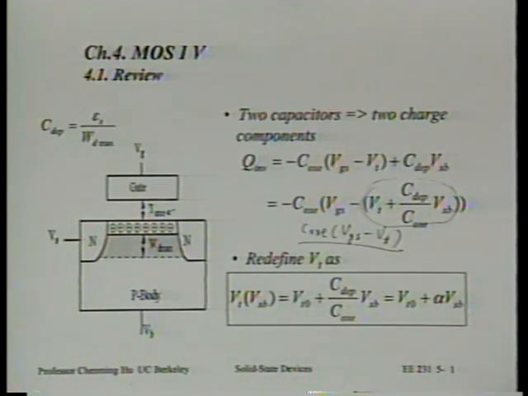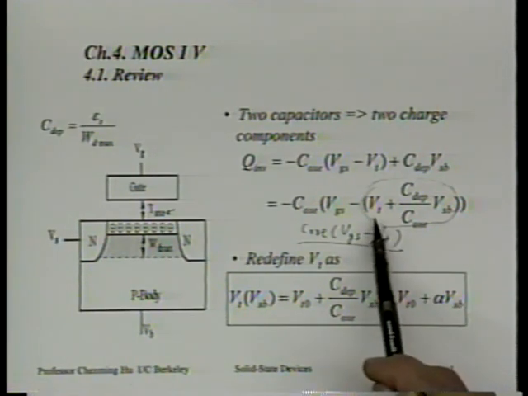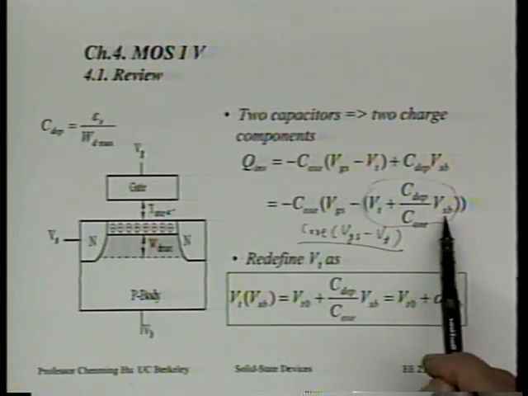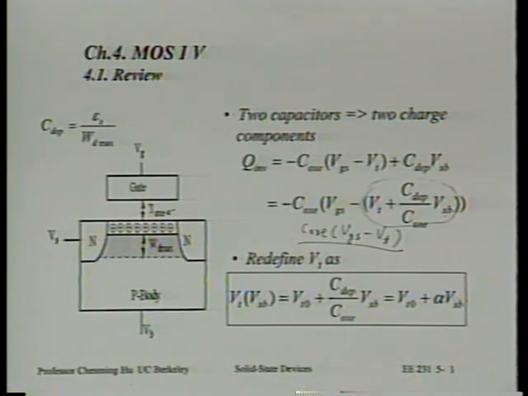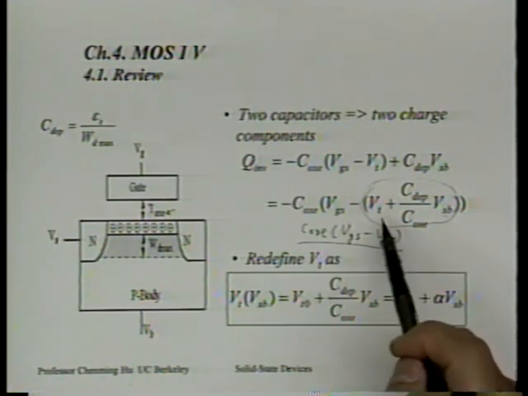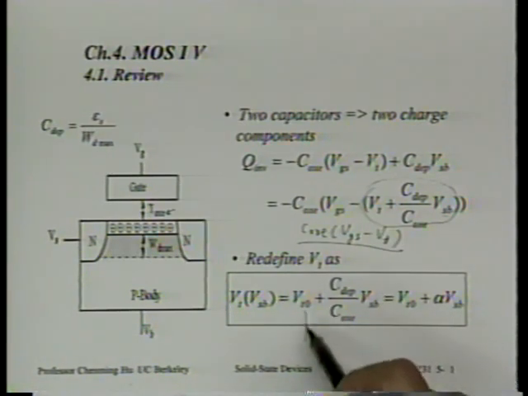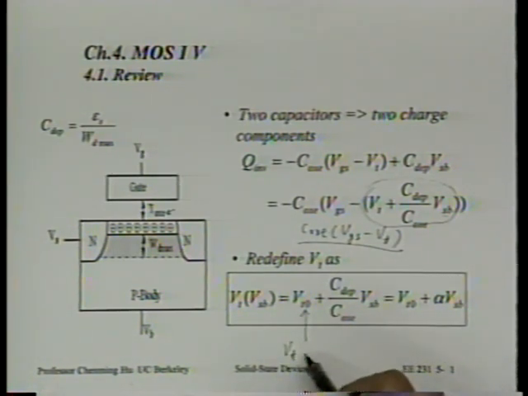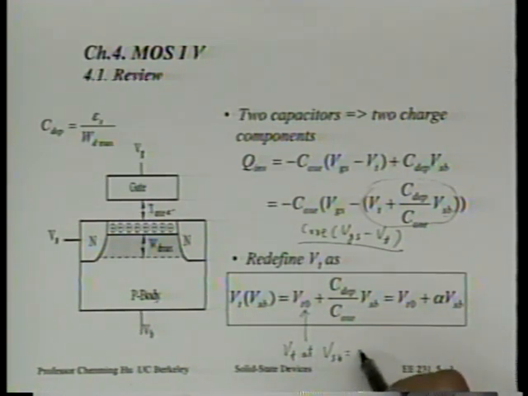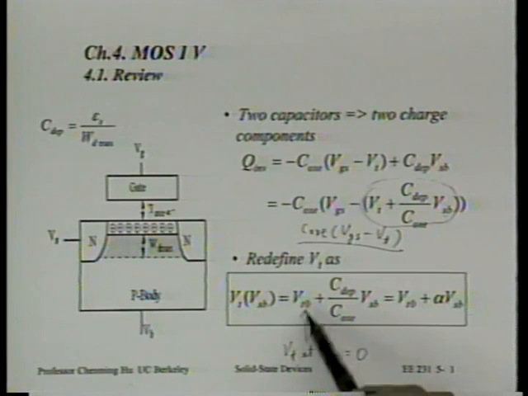We'll either redefine or expand the definition of VT to represent this whole thing. The modification is that VT is not a constant for a given device, but a function of body bias. So VT is a function of VSB. Specifically, it's equal to the original VT, which we now call VT naught. VT naught represents VT at VSB equal to 0, when there's no body bias. In other words, this is the VT we talked about in the previous few lectures, when we had only an MOS capacitor with no way to apply a body bias.